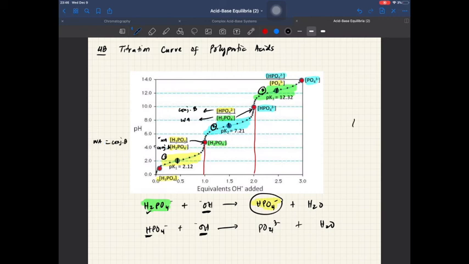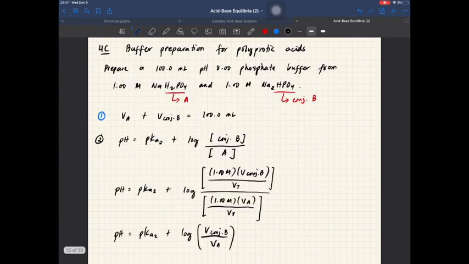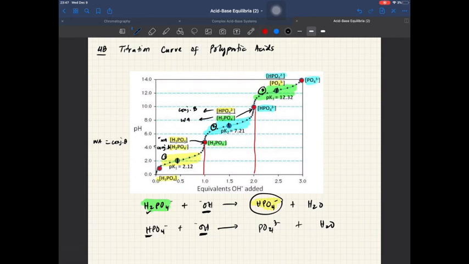Okay, so how about when you prepare a buffer solution using a polyprotic acid? We can still follow the previous calculations from buffer preparation and apply them to polyprotic acids. For example, if you are asked to prepare a 100 ml pH 8 phosphate buffer from 1 molar sodium dihydrogen phosphate and 1 molar disodium hydrogen phosphate, you need to choose the species nearest to the pKa.